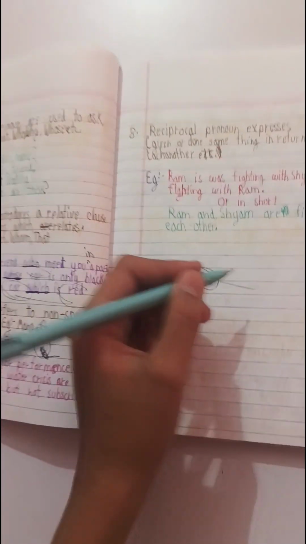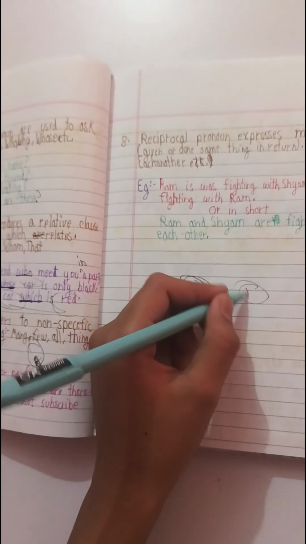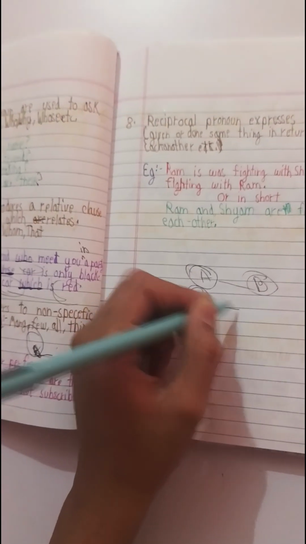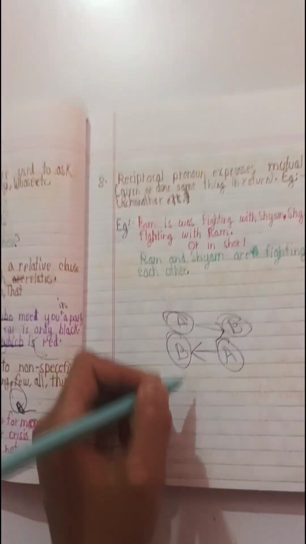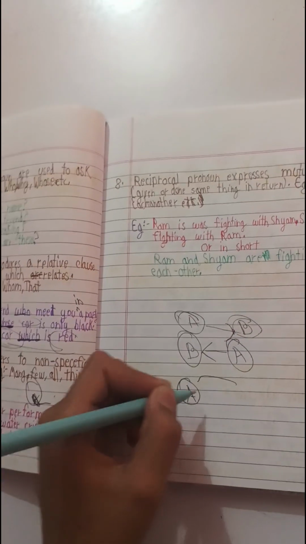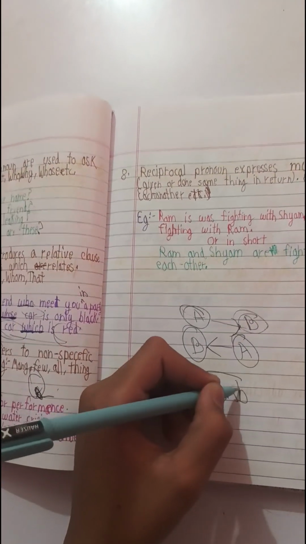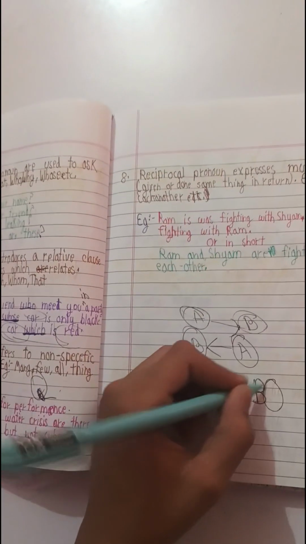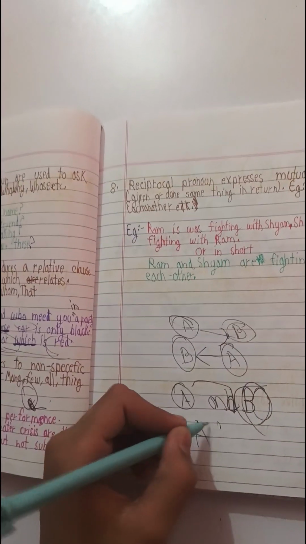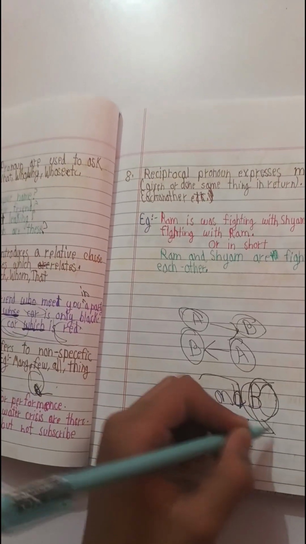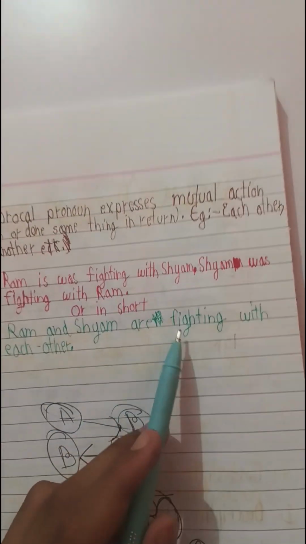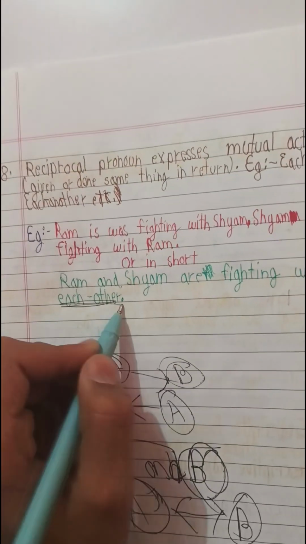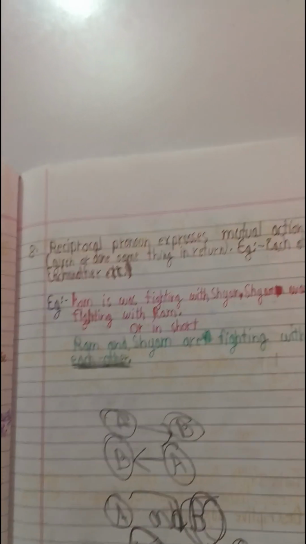For example, A was fighting with B and B was fighting with A. In short we can write it that A and B were fighting. So in English we write it as Ram and Sham are fighting with each other. So here each other is a reciprocal pronoun.